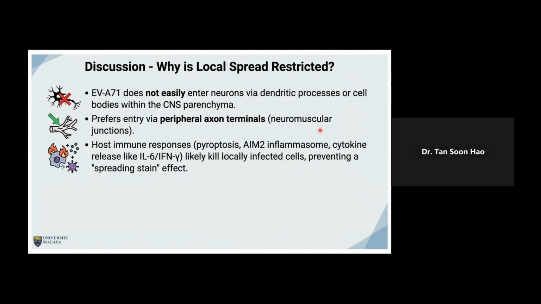We also predict that the host immune response expressed by the neurons, for example the AIM2 inflammasome and pyroptosis, can cause neuronal cell destruction and limit the replication of the virus, preventing the spreading effect.